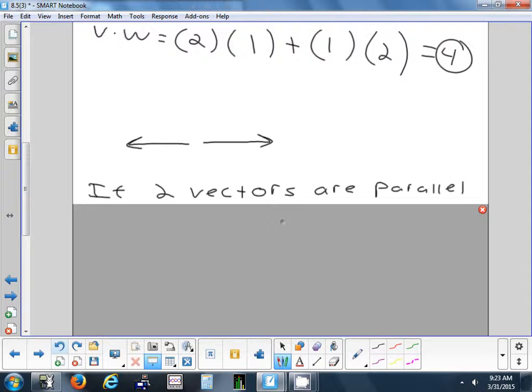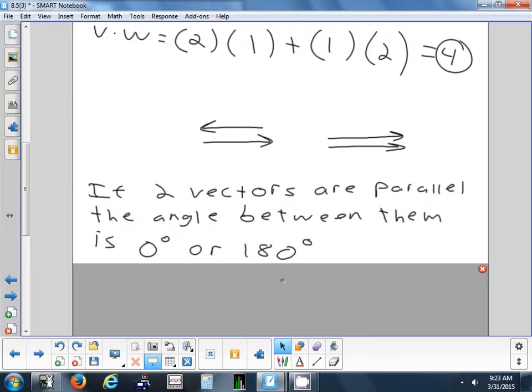It could also be 0. Basically, if you had something like this, 2 vectors pointing in the same direction would be parallel. Or if you have 2 vectors pointing in opposite directions, those are also parallel. You can think of it like that, however you want to think of it.